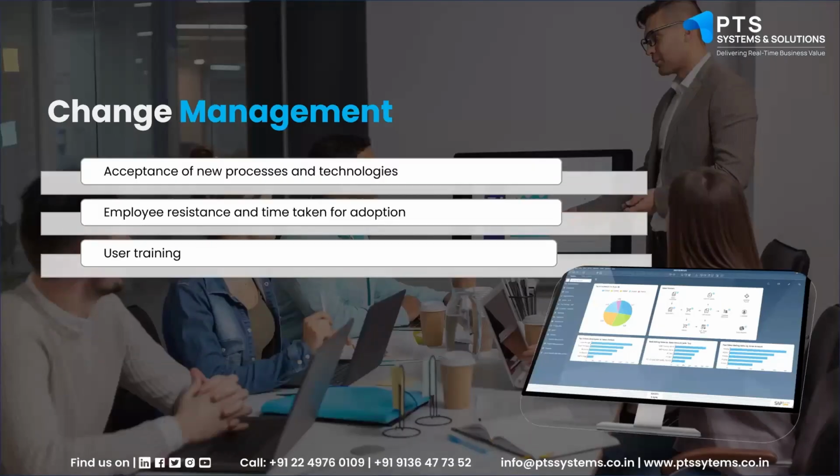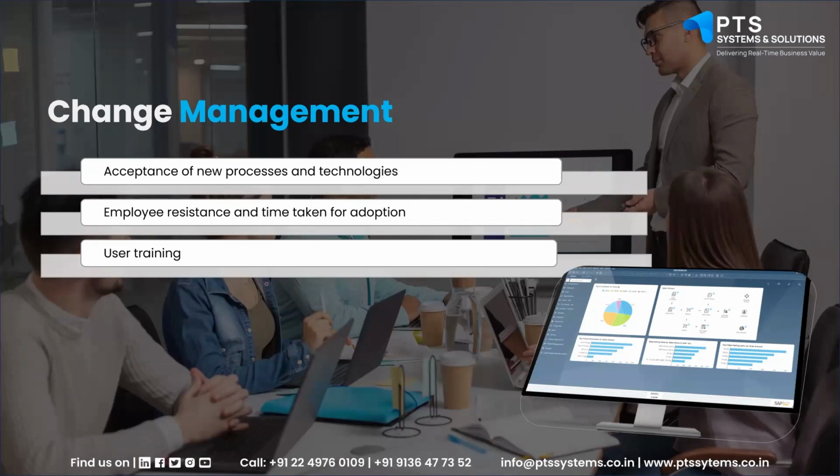The next aspect is change management, as we discussed a couple of slides back. This is acceptance of new processes and technologies by the users. It is an entire change in perspective or outlook when people start using SAP.